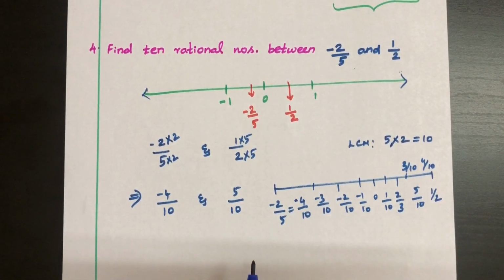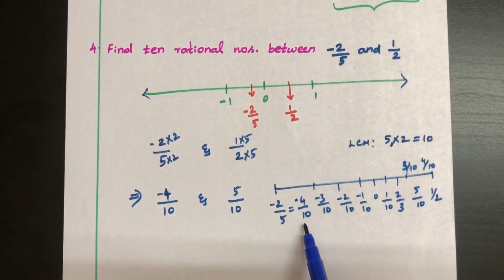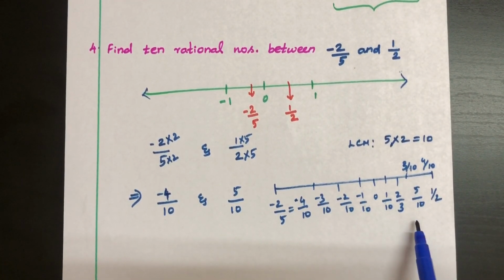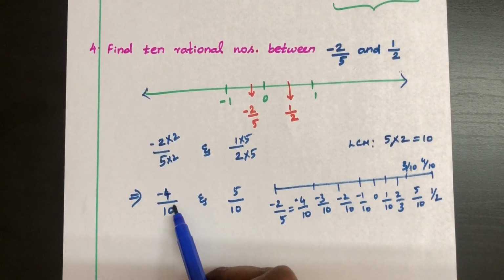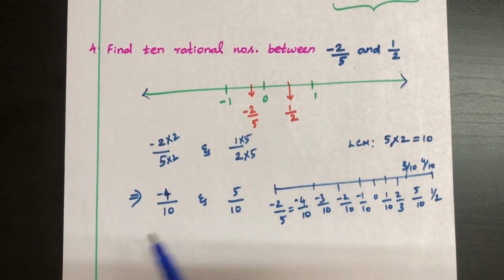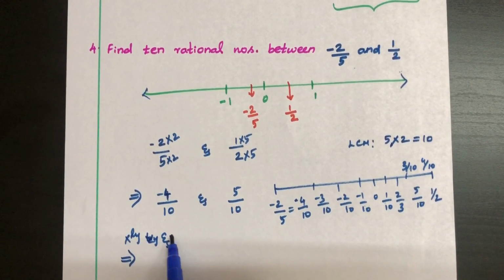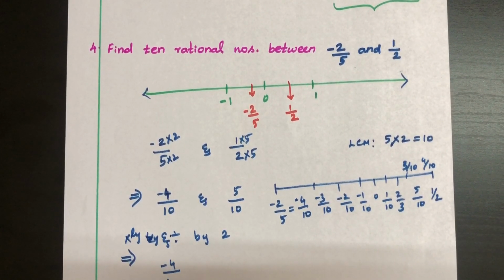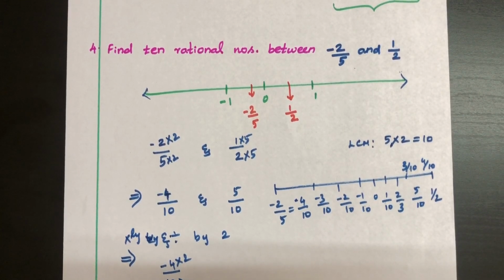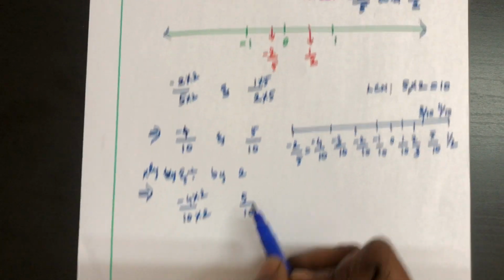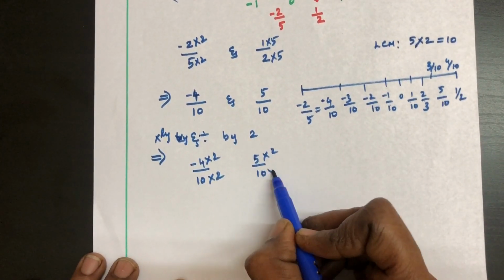So now, if it is not enough to make 10 rational numbers, we need to multiply with another number, 2 times. So this gives us multiply and divide the numbers by 2. So it will give us minus 4 by 10 into 2 into 2, and here 5 by 10 into 2 into 2.